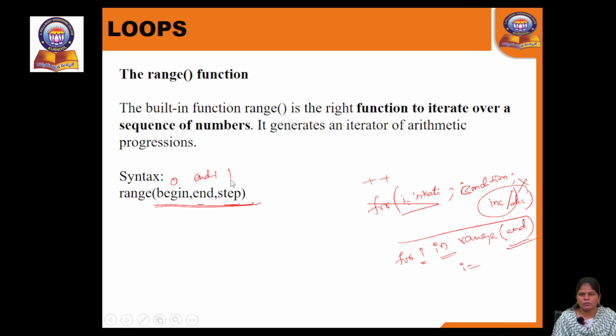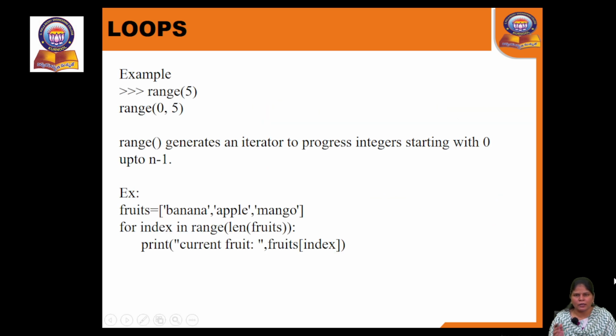Default step is 1. So as these have the default values, you can omit begin and step. You can just mention the end part. Right? This is the use of the range. So as we don't have the increment decrement, we are using the range along with the membership operator. So as I mentioned, range of 5, here the starting default value.